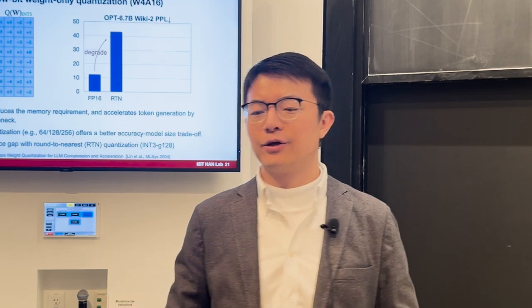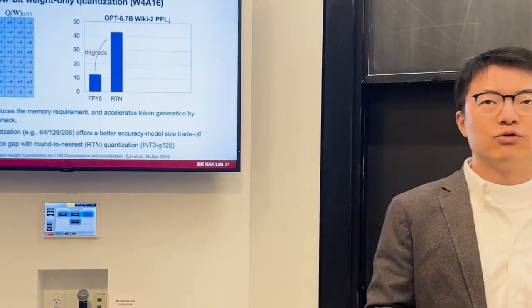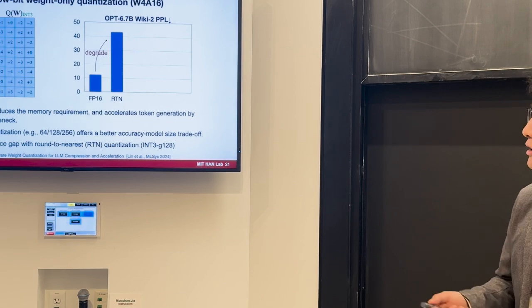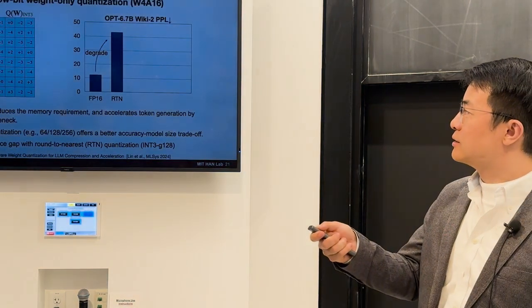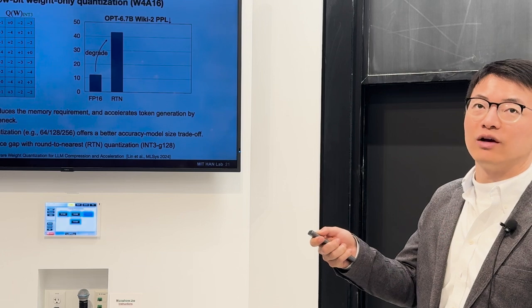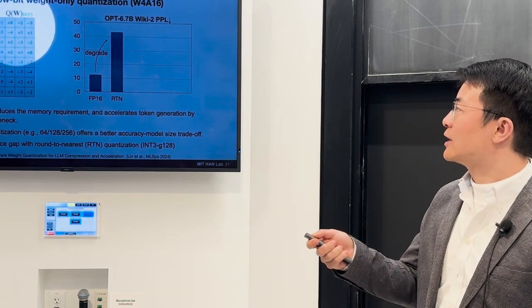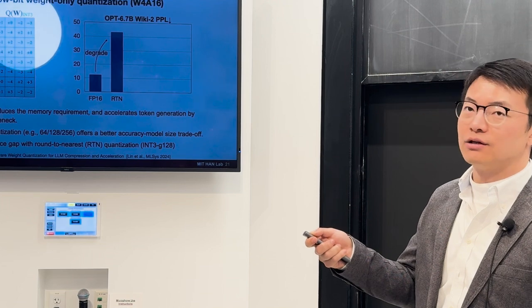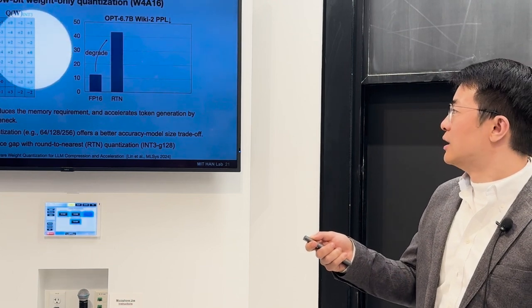So given that setting, let's see, what if we do them naively using what we have learned in the lecture so far? So this is the weight matrix. It is 8 by 4. Initially it is FP16. We want to quantize it. Given the space limitation, we quantize it to int3, 8 choices.